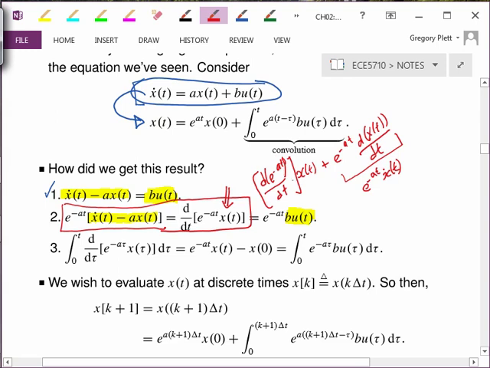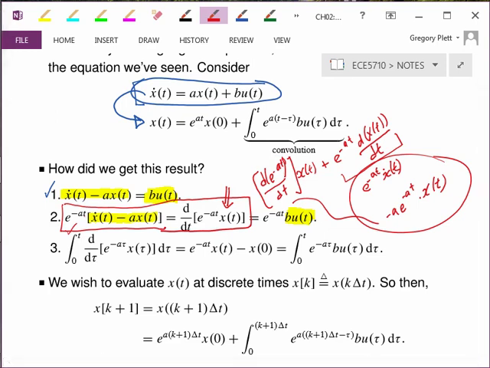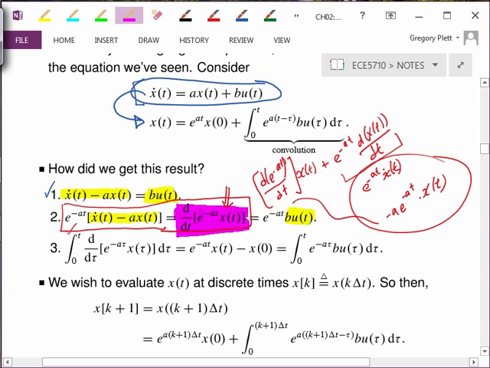And we have to remember that the derivative of e to the minus at with respect to time is negative a times e to the minus at. So that there is minus a times e to the minus at times x of t. If we add those two terms together, sure enough, we get the left-hand side of equation 2. So we're going to proceed by keeping that and keeping that.